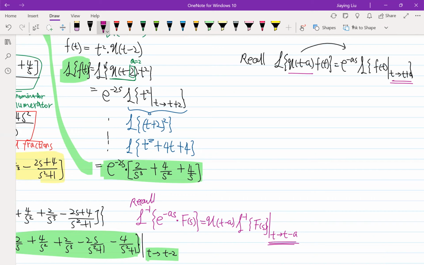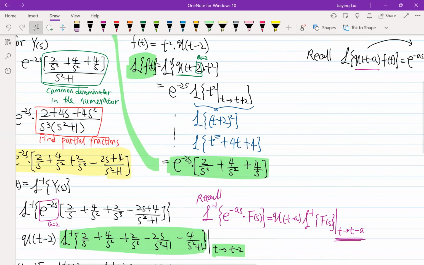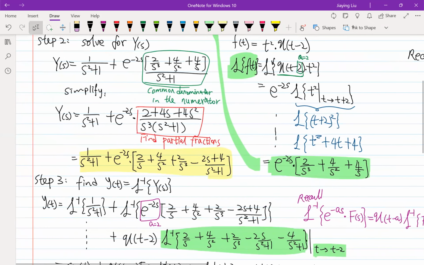So, different substitutions for t in the translation and the inverse. Okay, thank you. Yep, good point. Exactly, Joe. So just be careful with the plus a or minus a, and know when to plug in those t substitutions. Any other questions?